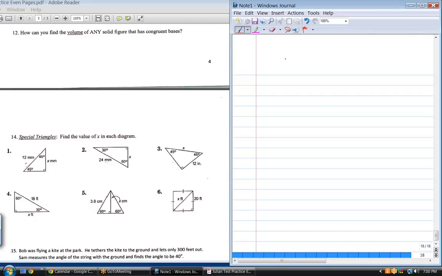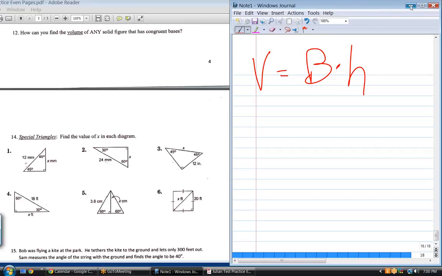Okay. So what's the volume of any prism? It's just the area of the base, capital B, times the height. Exactly. Times, it's not always height, it's the distance between the two bases.